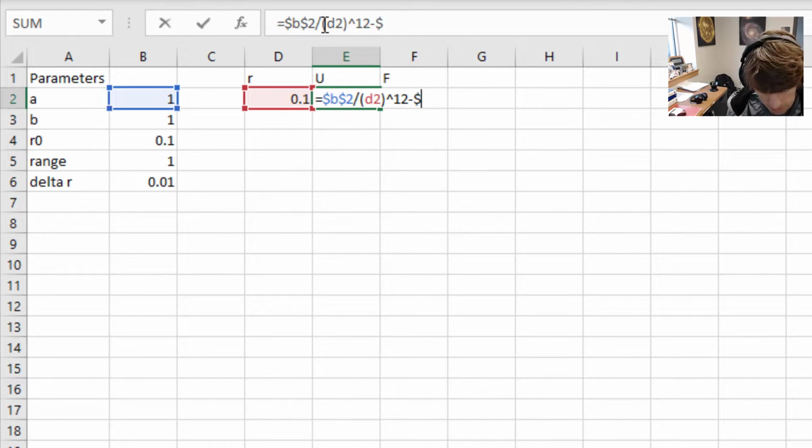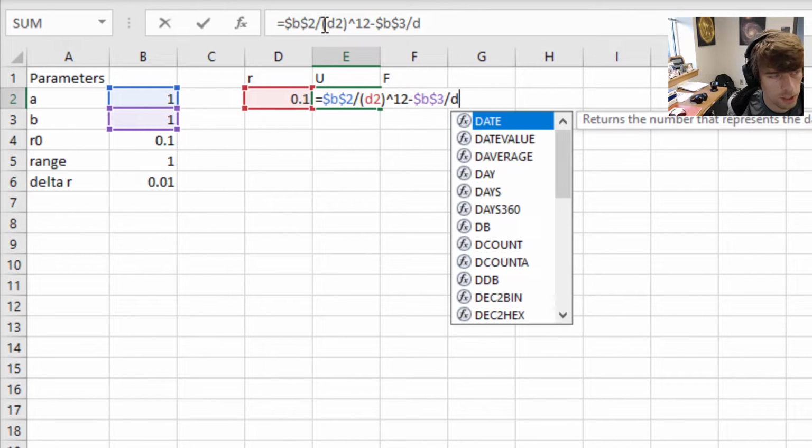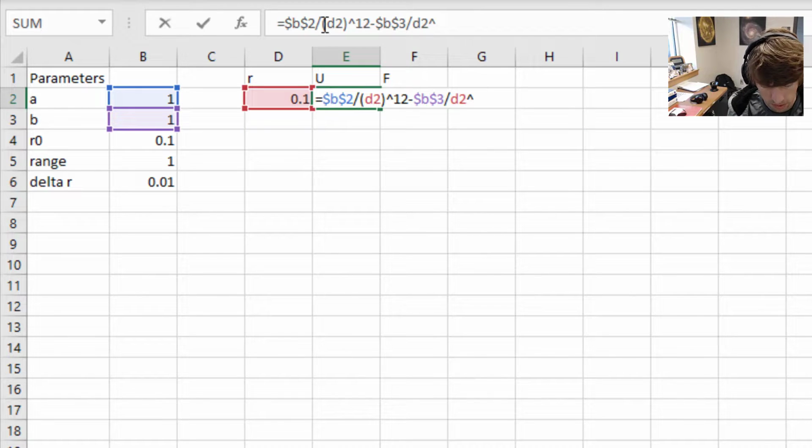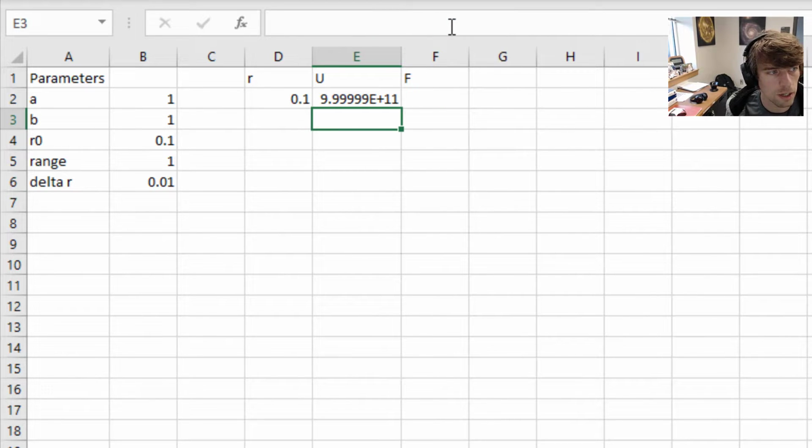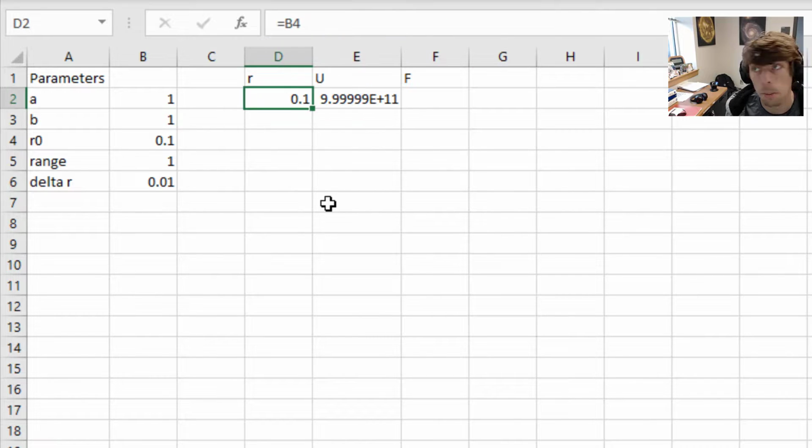Excuse me, let me put the dollar signs in. B3 divided by, again, my radius, or my distance, D2, and this time it is to the 6th. So I have my A divided by the distance to the 12th minus my B value divided by the distance to the 6th. Well, bam. You see, this thing is big. It's big because my distance is pretty small.